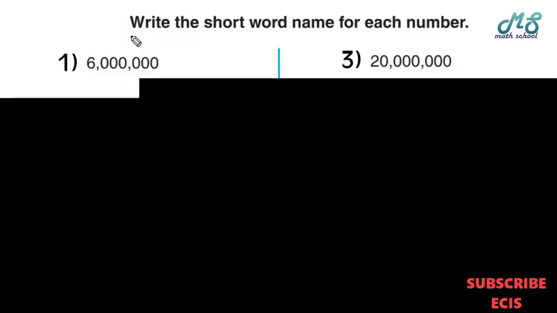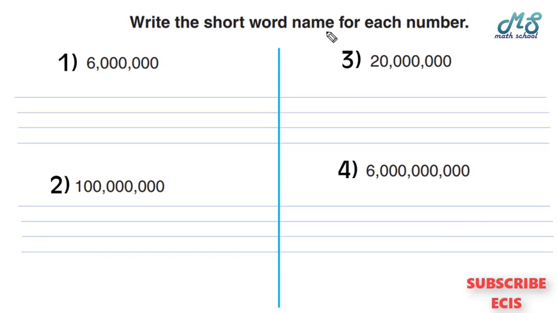Next exercise, write the short word name for each number. You can write the short word name, it's easier than the word form. We have 6 million. Just write 6 and write the word million. 100 million. Just write 100 million.